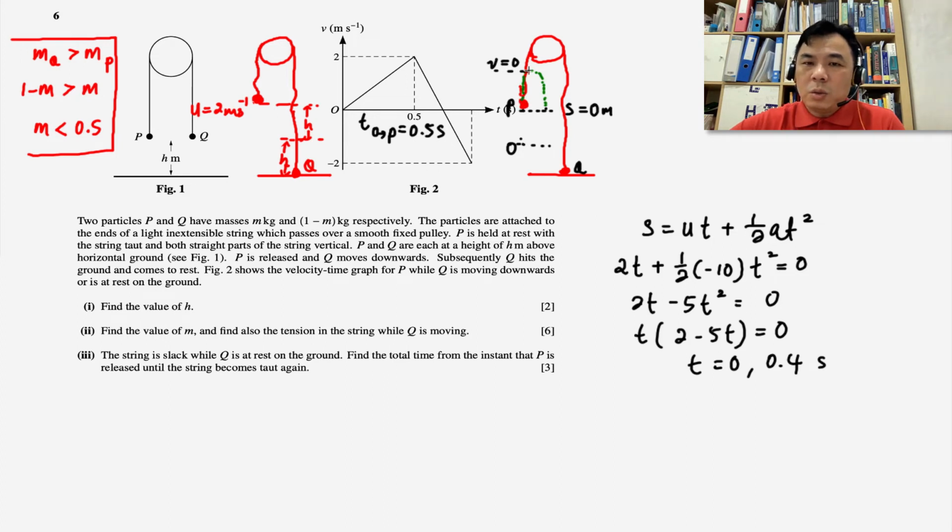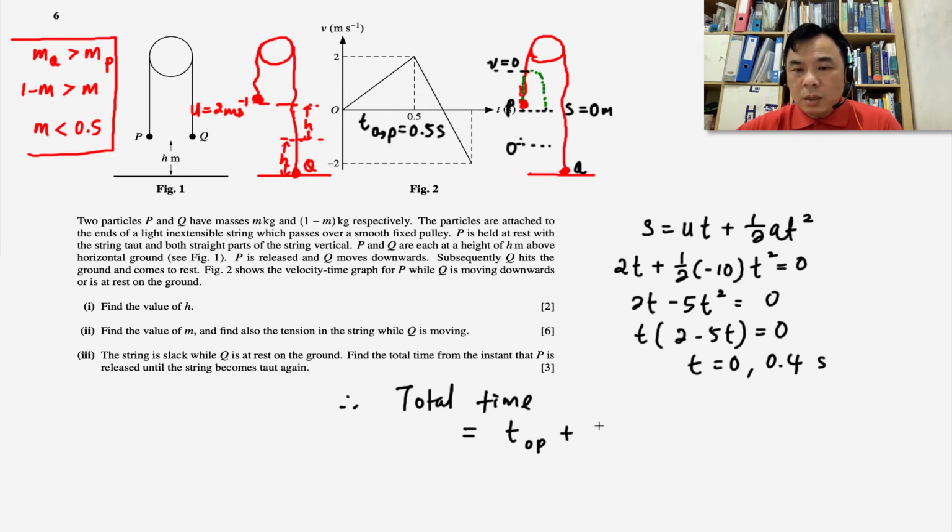How long does it take to come back to the position when the string would start to become taut again? It is 0.4 second. Therefore, we can conclude that the total time required from the instant that P is released until the instant when the string becomes taut is given by the time taken from O to P plus the time taken for the second journey, where P moves up under gravity and then comes back to the same position again.